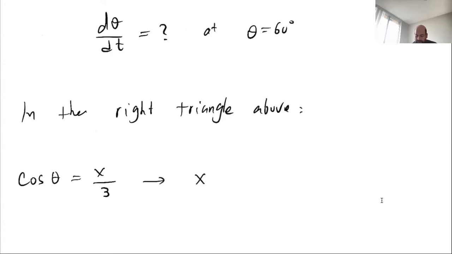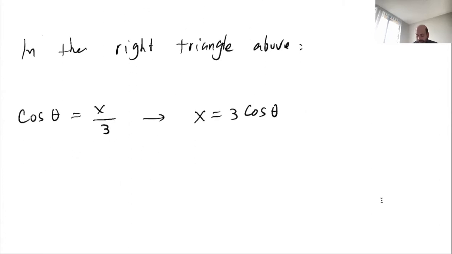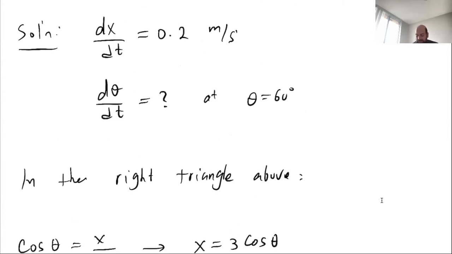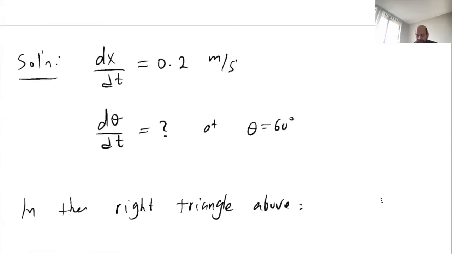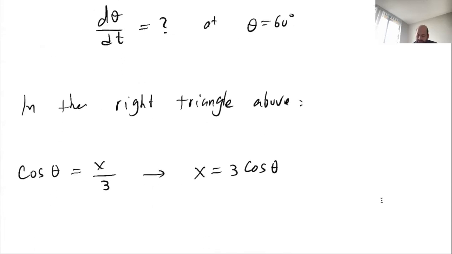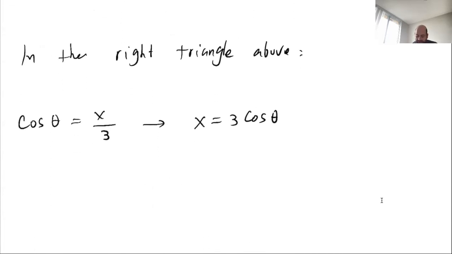So that means x is equal to 3 cos theta. X is equal to 3 cos theta. So what will be dx to dt then? Because dx to dt is given, d theta to dt is asked. So what is dx to dt? Or in other words, x prime.